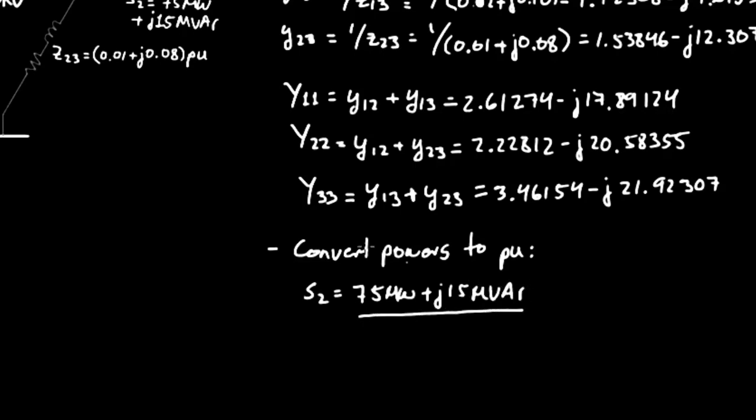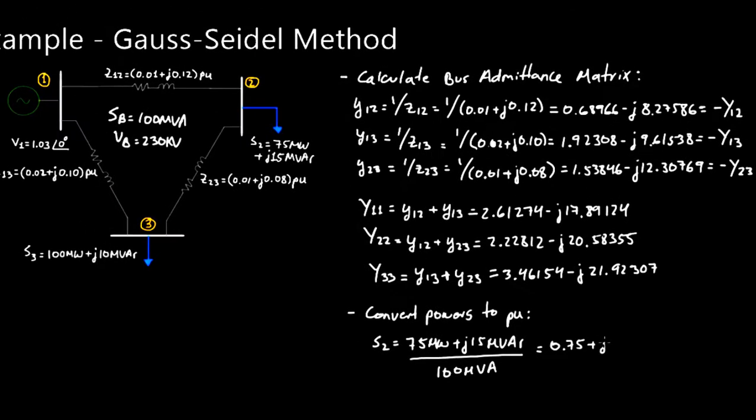And our base power here, we've chosen that to be 100 MVA. So we need to divide all that by 100 MVA. And again, I'm going to drop the per unit here just to keep things a little bit simpler, but this of course is going to be 0.75 plus j0.15.